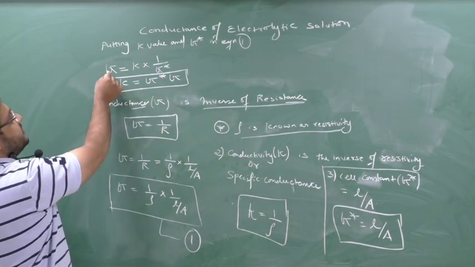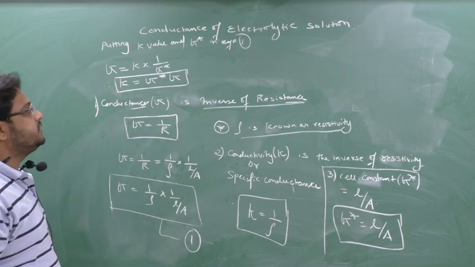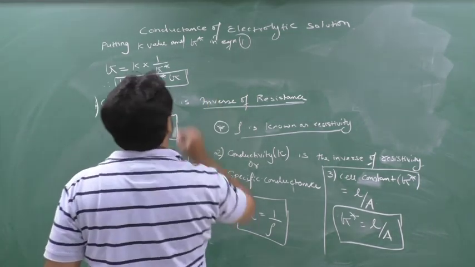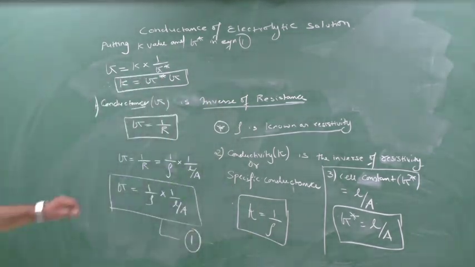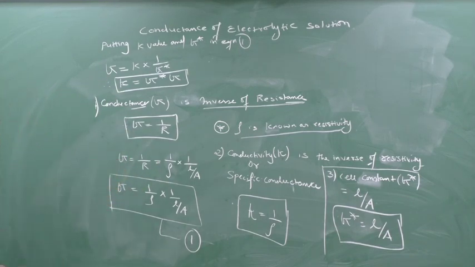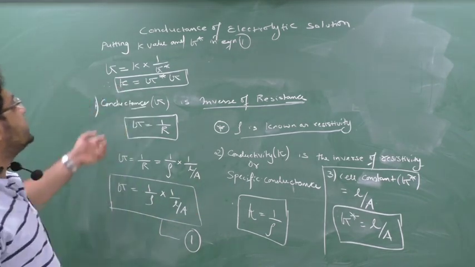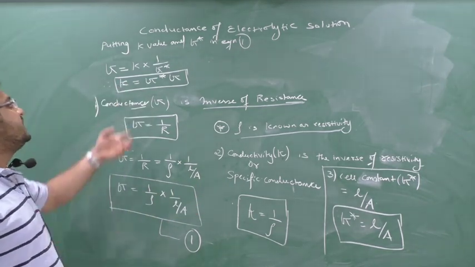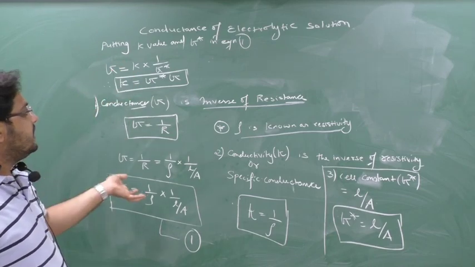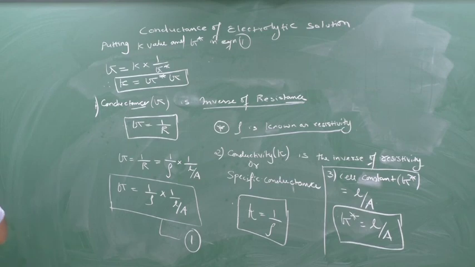So G star will go to the other side and get multiplied, and I will get kappa equal to G star into G. Therefore kappa is nothing but a product, or I can say a simple definition for the specific conductivity or specific conductance: kappa is defined as the product of cell constant and conductance. I hope you are understanding this.